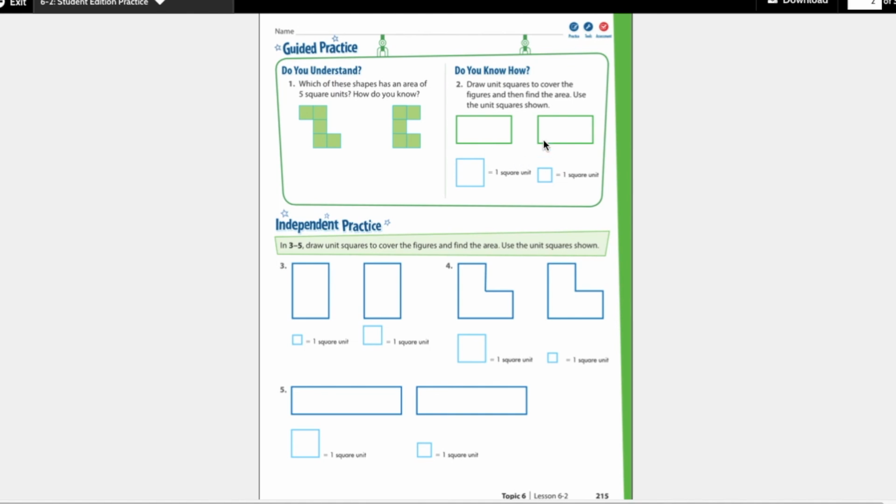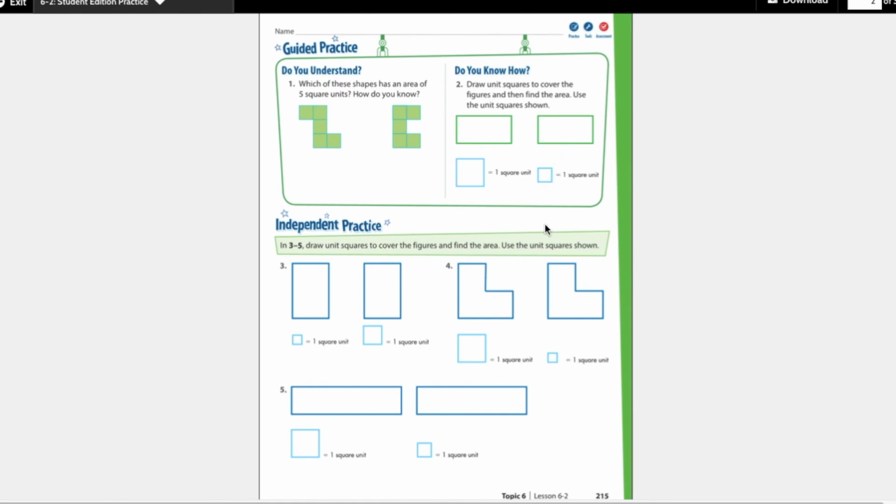Okay, and then moving on to this shape, this is going to be a little bit different because your shapes are going to be smaller. So you would draw like a box here, a box here, a box here, and a box here, and repeat the same thing on the top. So then the same thing that you did with this shape, you just need to tell me how many square units. You should get about 8 square units.